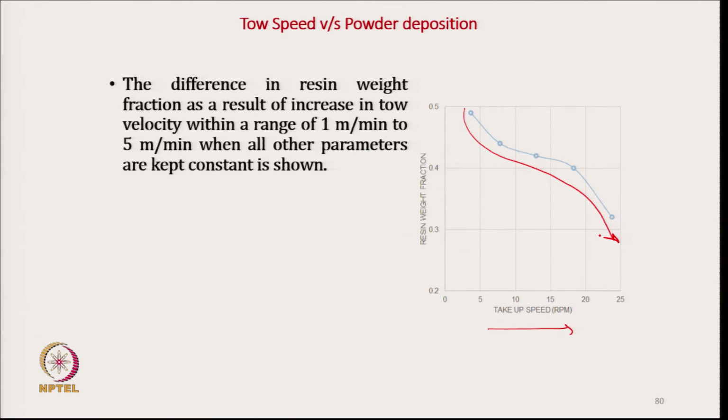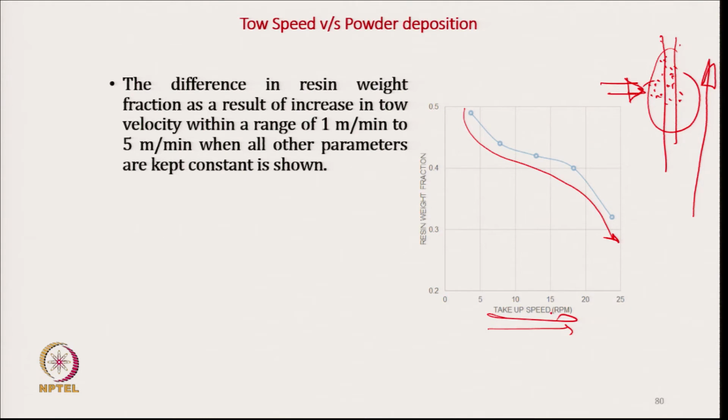If we increase the residence time in the chamber, this is the jet gun, if the residence time is more, that means more and more powder will get deposited on the surface. If the residence time is less, less time will be available. So, powder deposition will be less. So, it is very simple. If we increase the speed, residence time is less. So, less powder will get deposited.